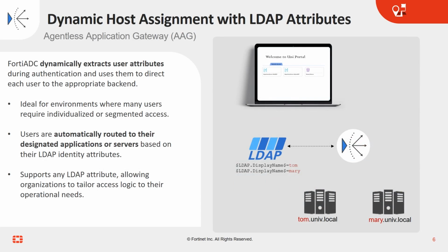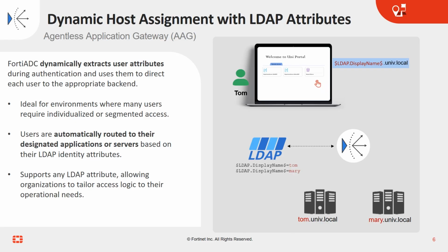FortiADC dynamically extracts user attributes during authentication and uses them to direct each user to the appropriate backend. For example, an application in the portal may include an LDAP variable in its host name. When the user Tom logs in, FortiADC retrieves the value of LDAP.displayName from the LDAP server.